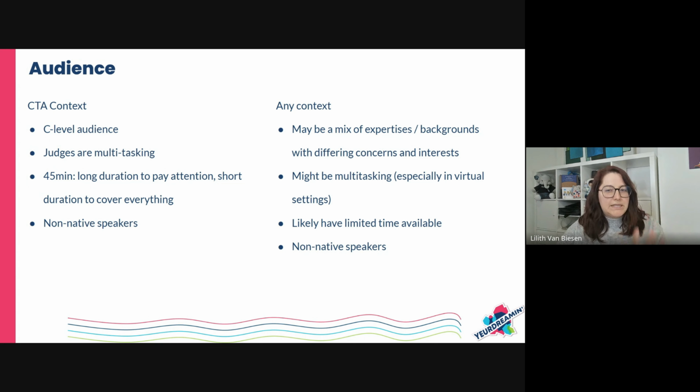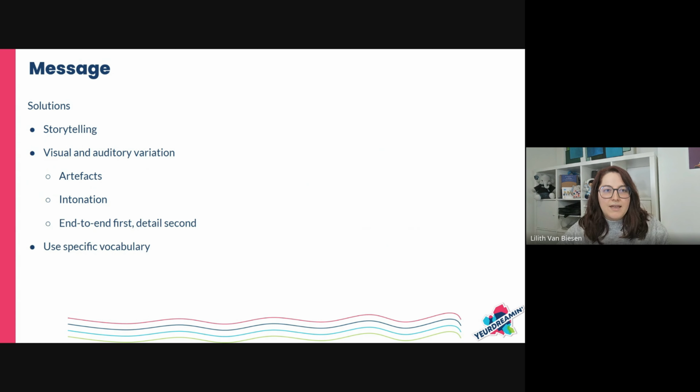But first, let's tackle this challenge. So we have different expertises. Our audience might be multitasking. And we have limited time available. How are we going to solve for this? Well, we're going to work on our storytelling. We need to really think about what is the communication that we want to bring, what is the message we want to bring, and how do we walk through this. We, of course, need to bring the context.